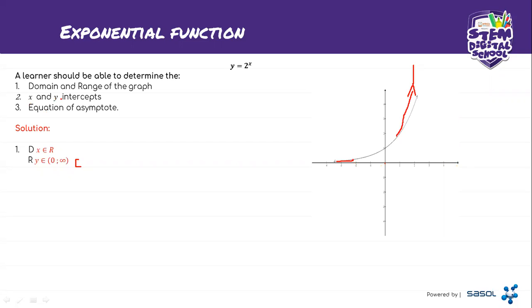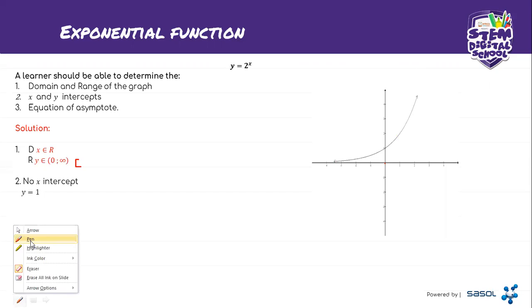Number 2, x and y-intercept. The x-intercept is very clear from the graph that we have. Let me erase this one and this one. All right. From the graph that we have, you can see this graph is just approaching the x-axis. It does not touch. So we cannot say that we have an x-intercept, right?